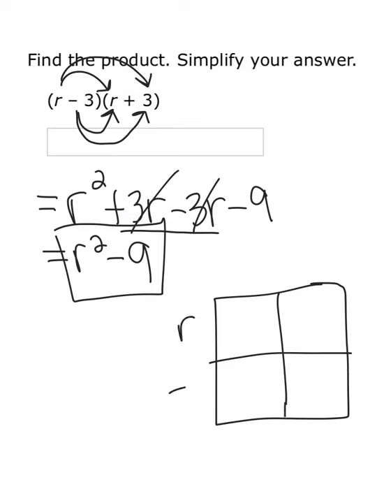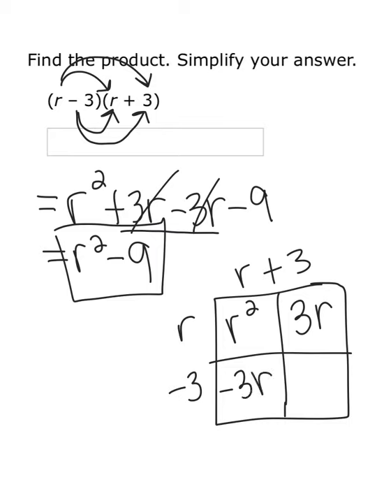So I'd put r minus 3 and r plus 3 along the length and the width, and then multiply each row by column. So r times r is r squared. R times 3 would give me 3r. Negative 3 times r is negative 3r.